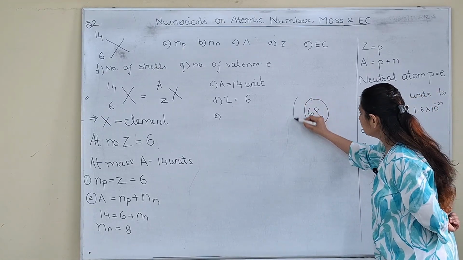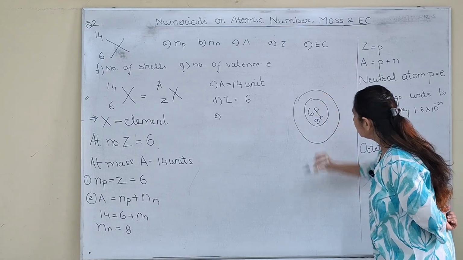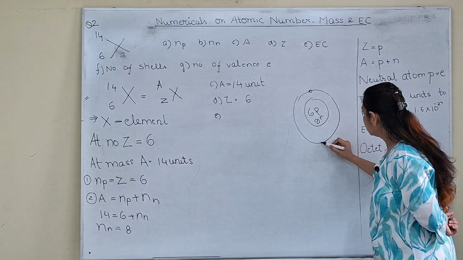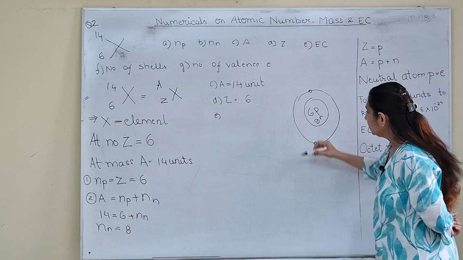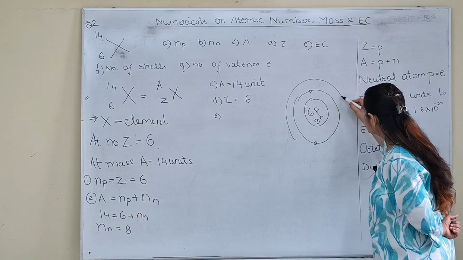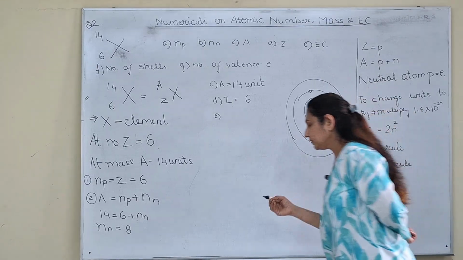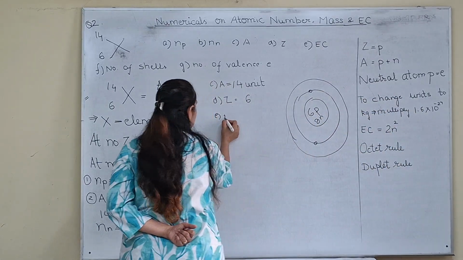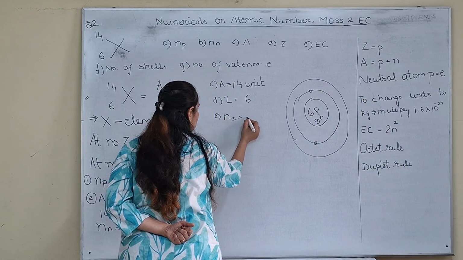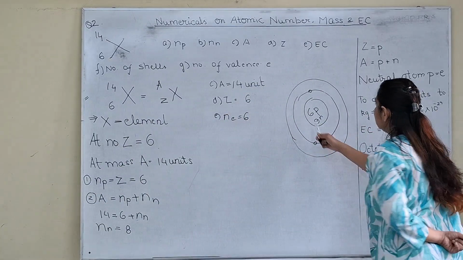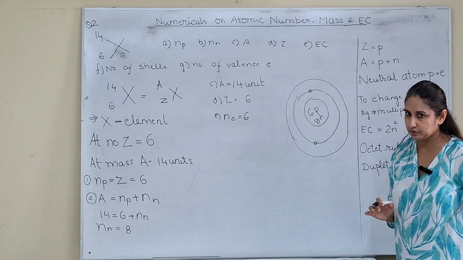This is the first orbit, here maximum 2 electrons. This is the second orbit. The total number of electrons is 6, because the positive charge is 6, so electrons also have to be 6.